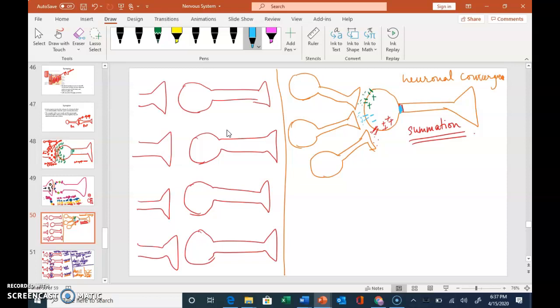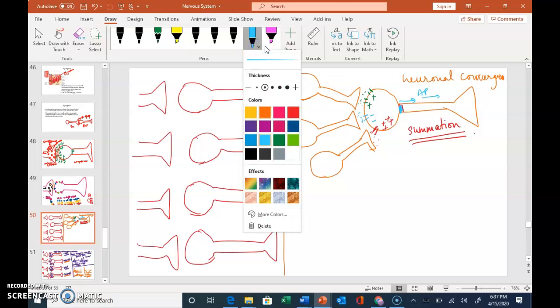These will be summed up, and if the sum of all these graded potentials is strong enough to reach threshold, the axon hillock will shoot out an action potential. This is called summation.